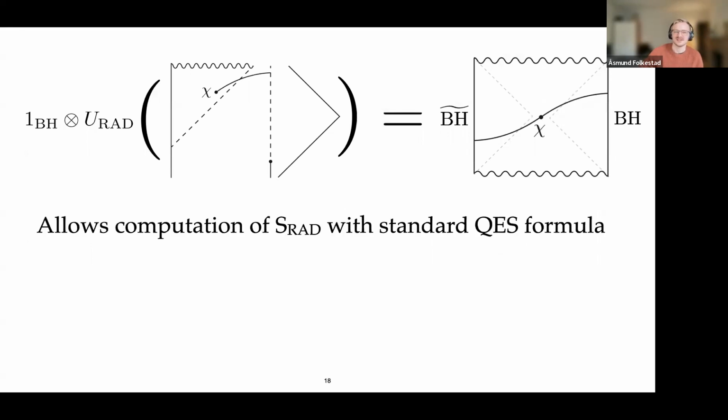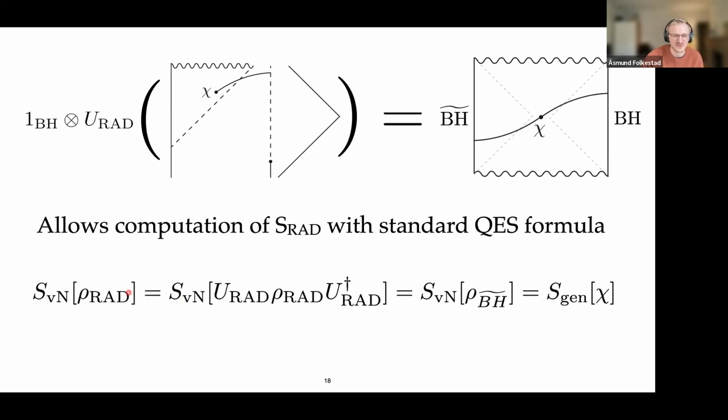And another nice application of this construction is that it allows the computation of the radiation entropy using the standard QES formula rather than the island formula. So why is that? If you just compute the von Neumann entropy of rho rad, and then you conjugate with this unitary U_rad that is here, then of course we know the von Neumann entropy is unitarily invariant.